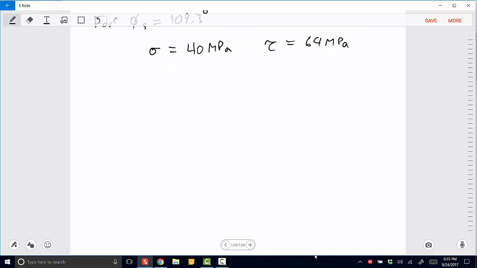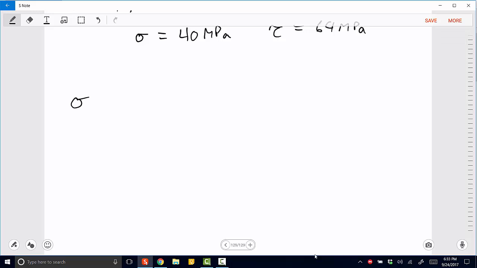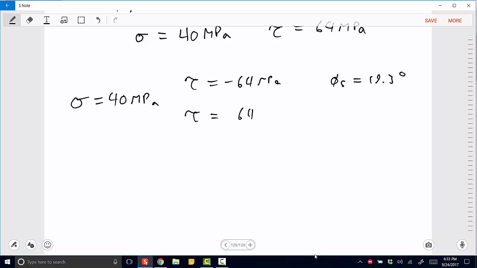So let's go ahead and draw out what we found, that sigma is equal to 40 megapascal. One of the taus is negative 64 megapascal, and that is at an angle equal to 19.3. The other tau is 64 megapascal, and that is at an angle of 109.3, right? So let's go ahead and box this in.